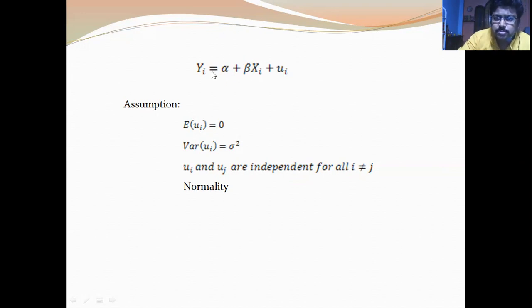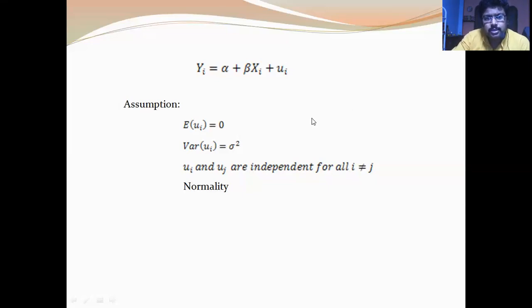This is the deterministic part of this equation, and this is the error part, the stochastic part.